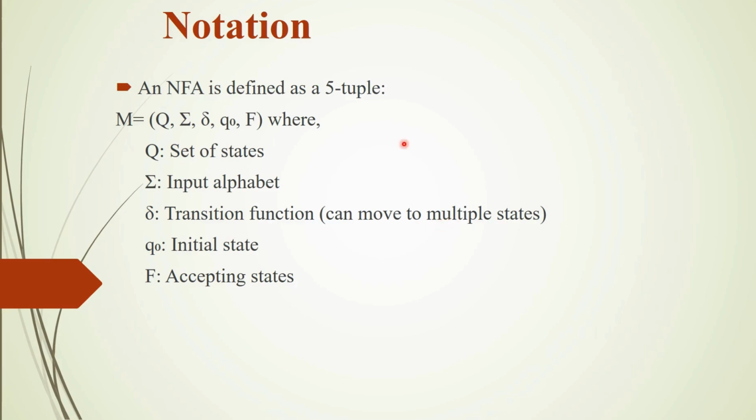The transition function is what makes NFA special. It allows multiple transitions for the same input, or even no transition at all. q0 determines the initial state and F determines the accepting or final states, similar to DFA.